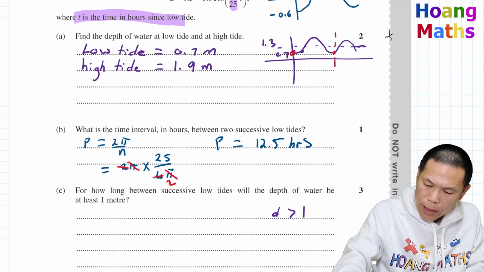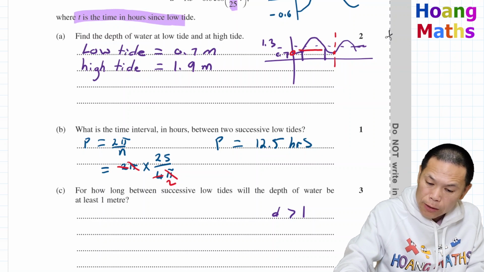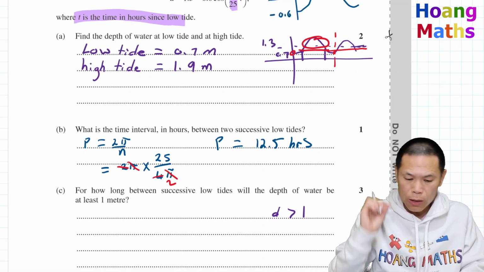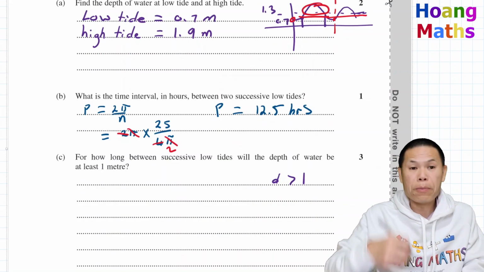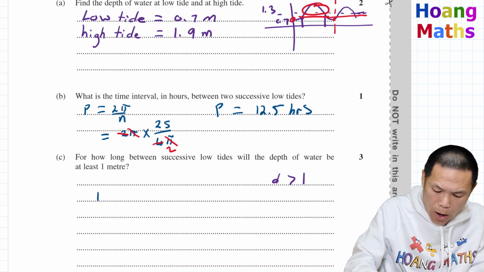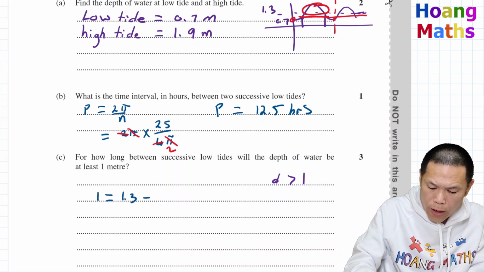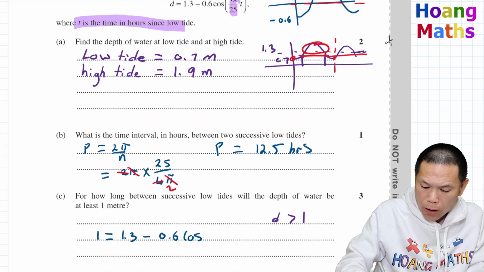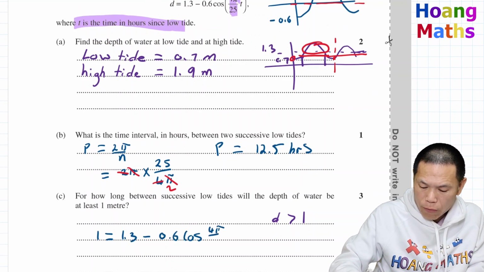It's just like that somewhere there, so we have to be above this. So this part here. We need to find the time interval. Let me make D equal 1 first. So 1 is equal to 1.3 minus 0.6 cos of 4 pi over 25t.